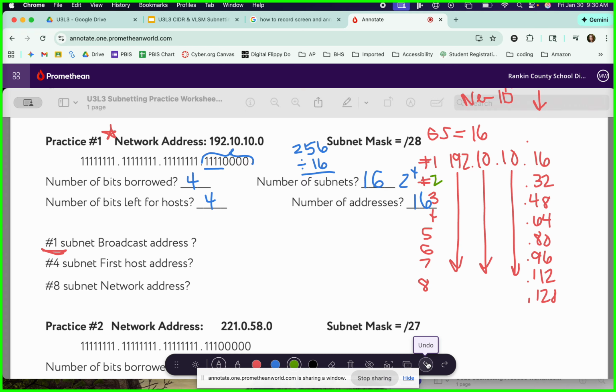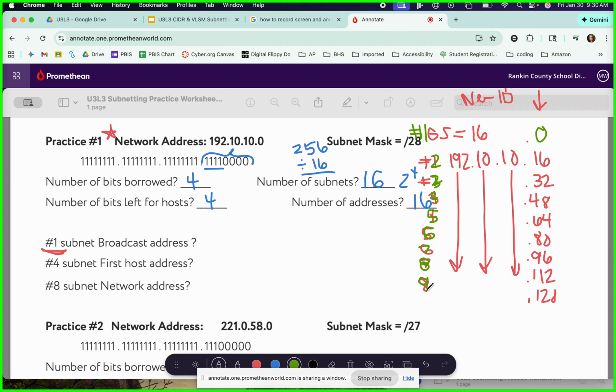This 0 up here, that's the first one. So this is 2, 3, 4, 5, 6, 7, 8, 9. All right, they are renumbered. My apologies. So the first one is right here, dot 0.